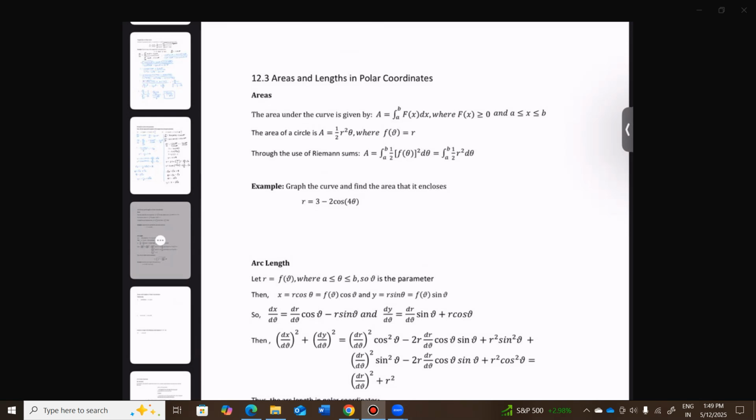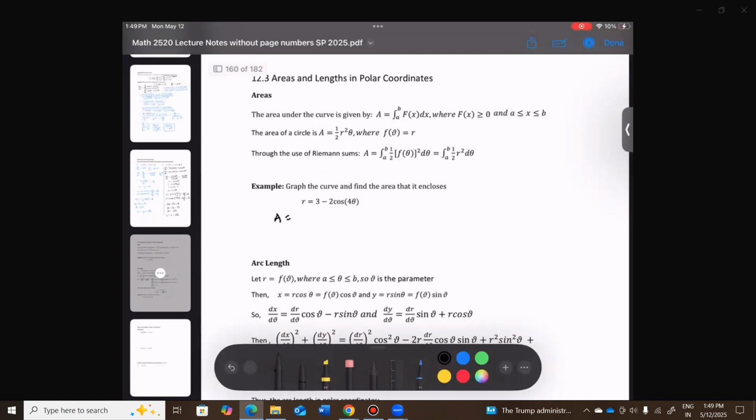Alright, so let's say we have the curve 3 minus 2 cosine 4 theta. The area is going to be the integral from 0 to pi of 1/2 times (3 minus 2 cosine 4 theta) squared d theta.